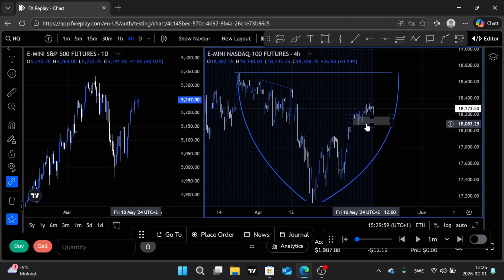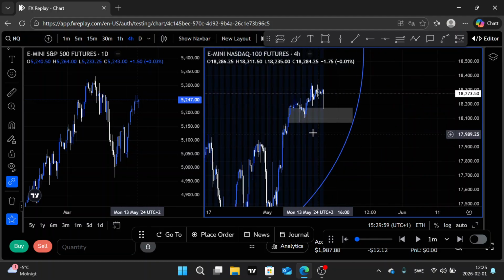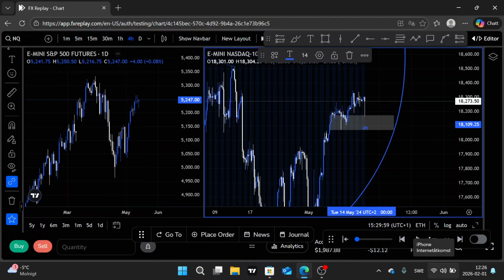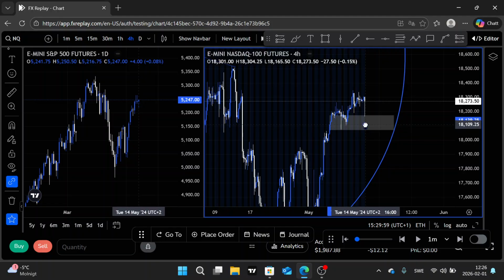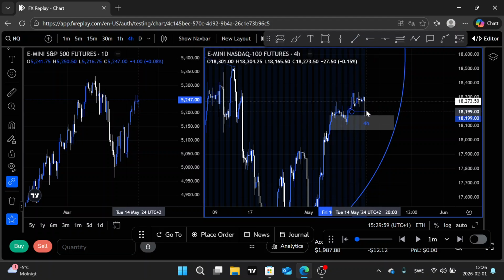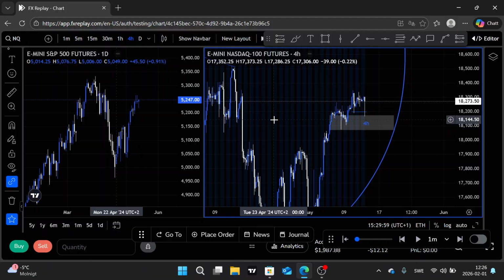Okay, so right now we are in a bullish trend. We respect this 4-hour valley gap, and we once again come all the way down, sweep this sell side, internal sell side, and then we bounce back immediately.